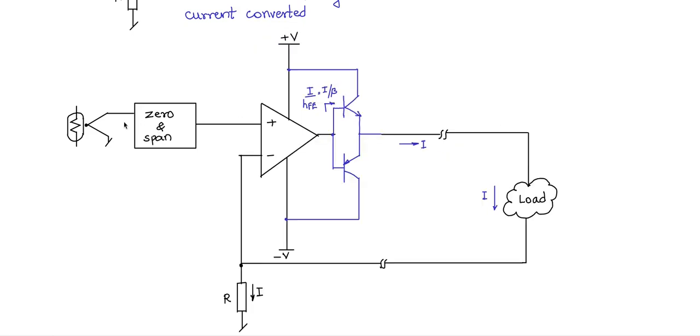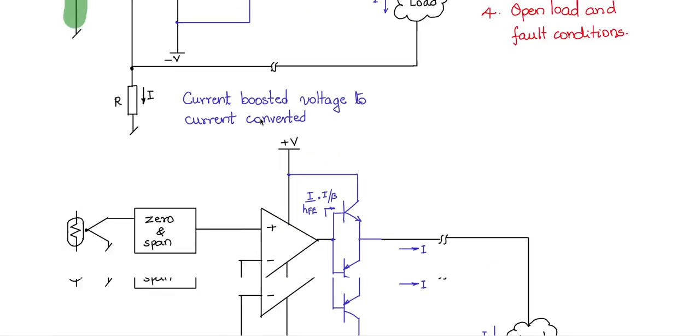So that is actually coming from a zero span circuit. So we saw that we have a transducer, let's say temperature transducer in this case. The temperature transducer is measuring the heater temperature, and that is being given to a zero span circuit. So this is the input of the zero span circuit. The output of the zero span circuit is connected to this point.